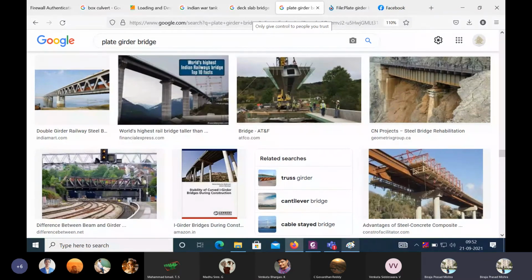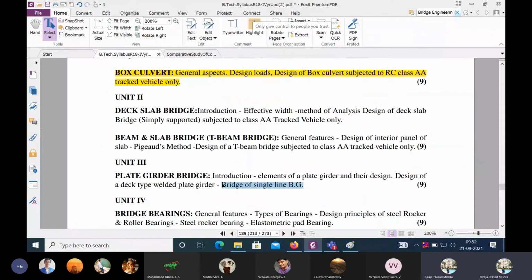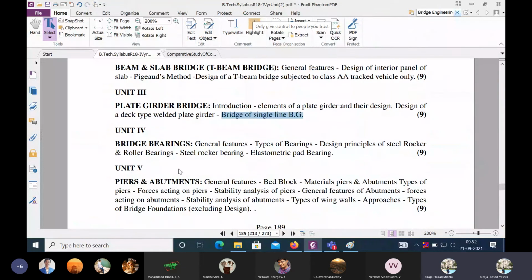Okay, now the next one is the bearings. As I said, the bridge bearings are the structures.